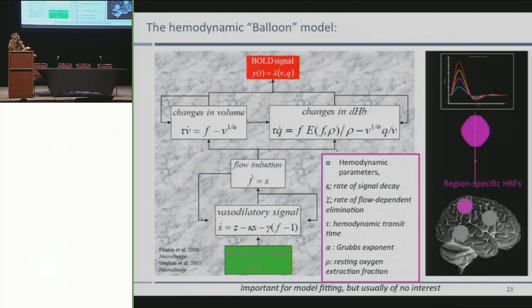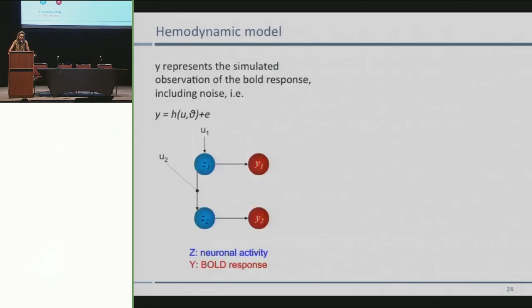And so we put these parameters into the forward model for each of the regions. So the neuronal activity from other regions doesn't affect this BOLD output, it's just the neuronal activity from the given region transformed through these region-specific balloon models that give us the measured BOLD output. So finally, what we're getting is a Y, which represents the simulated observation of the BOLD response plus some noise.